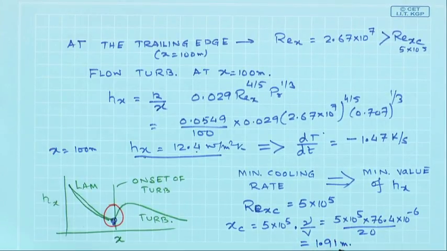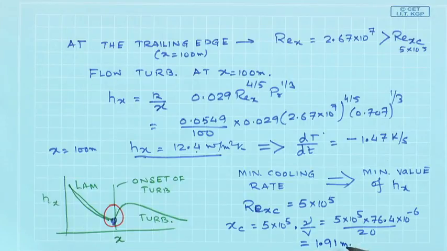So, at a distance of 1.91 meter from the leading edge, that means the point at which the steel strip is coming out of the hot mill, that is the point where you are going to get the minimum value of the heat transfer coefficient.